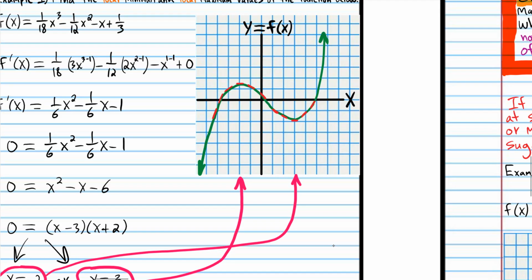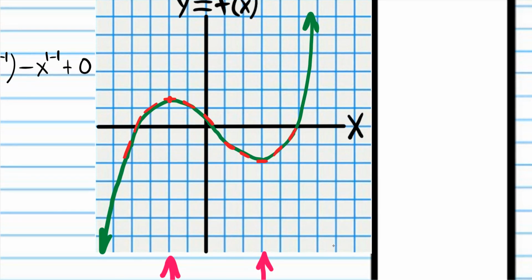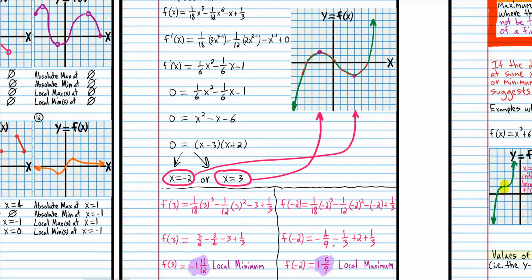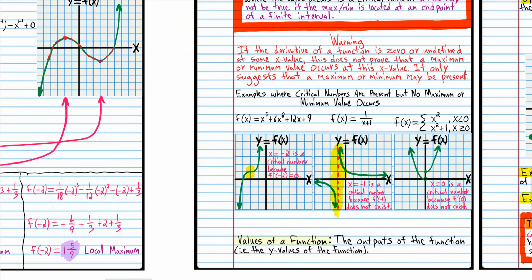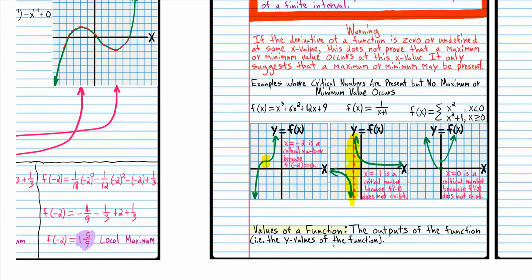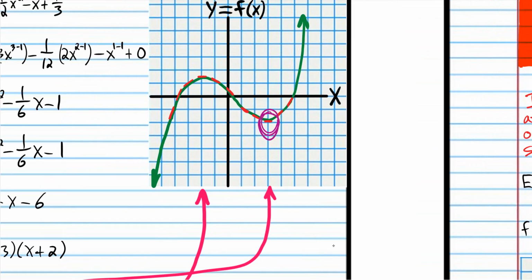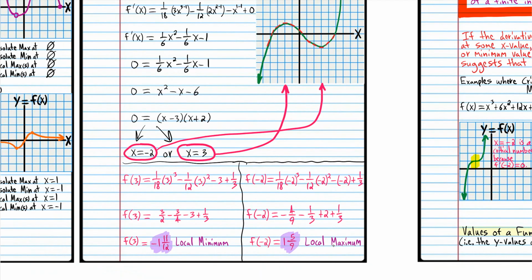So if we were to write the coordinates of these points, that point there and that point there, the coordinates of this point would be (-2, 1 and 5/9), and the coordinates of the other point, this point down here, would be (3, -1 and 1/12).